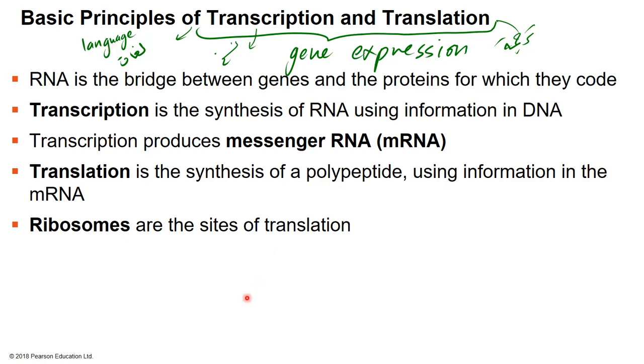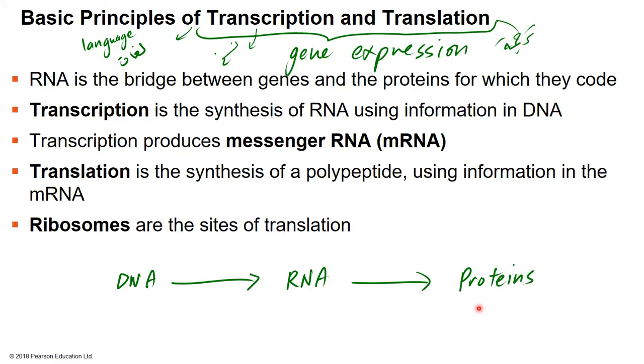So you have DNA, this is basically the flow of information that happens. Of course, proteins or RNA, it doesn't really matter. But this is the flow of information, okay, inside our cells.